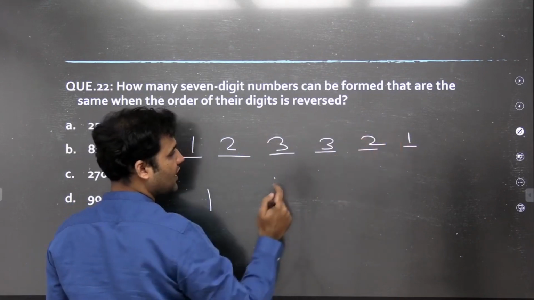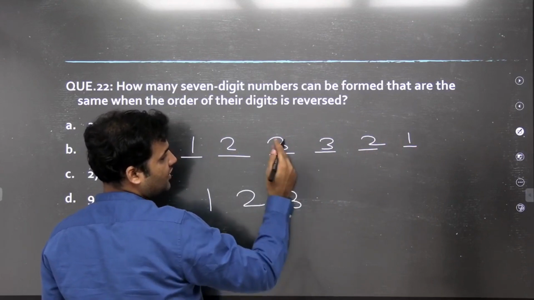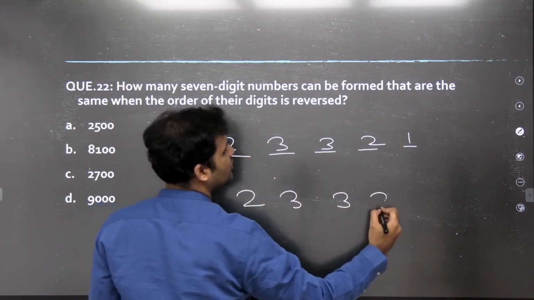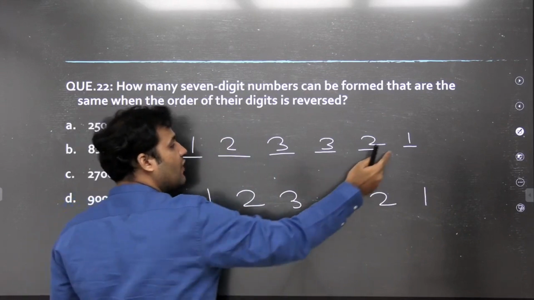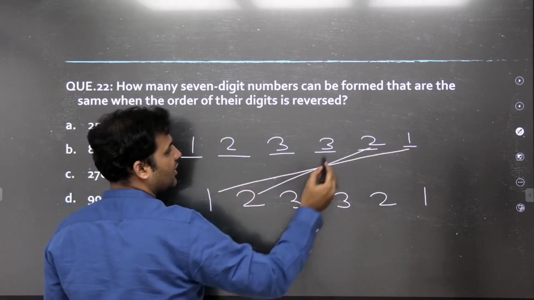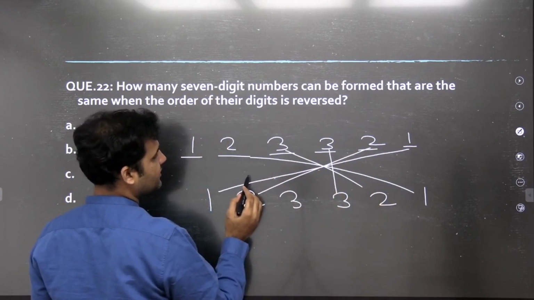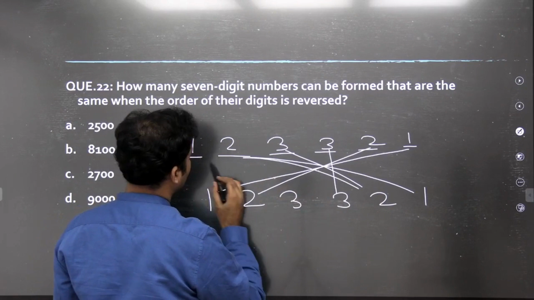See, the last digit is 1, the second last digit is 2, the third last digit is 3, the fourth last is 3, and then 2 and then 1. So when you reverse the order of the digits, the same number appears.